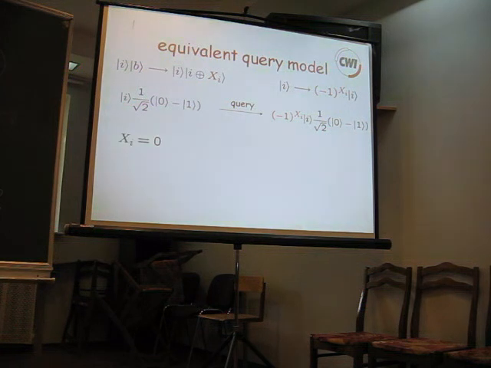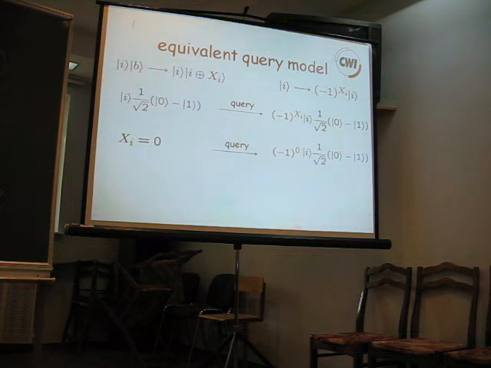Why is that? Assume that my query xi was 0. Then for sure this thing by linearity will be |0 plus xi> minus |1 plus xi>, which didn't change anything because xi is 0, so it's still |0> minus |1>, and (-1)^0 is 1, so there's no negative phase. So in case xi is 0, then indeed this corresponds to this.